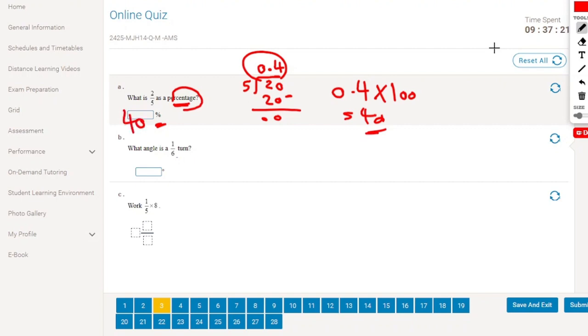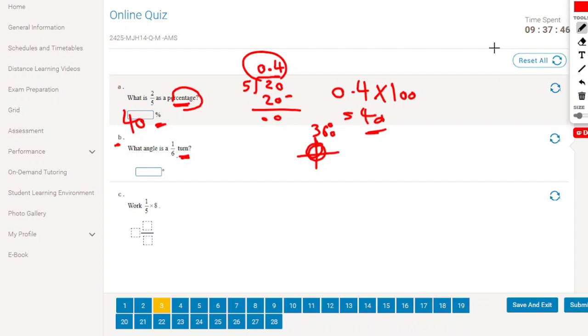Now, part B. What angle is a 1 over 6 turn? Okay, so let's say I have an angle here, so the full turn is 360 degrees. He needed 1 over 6. What is the angle of 1 over 6?